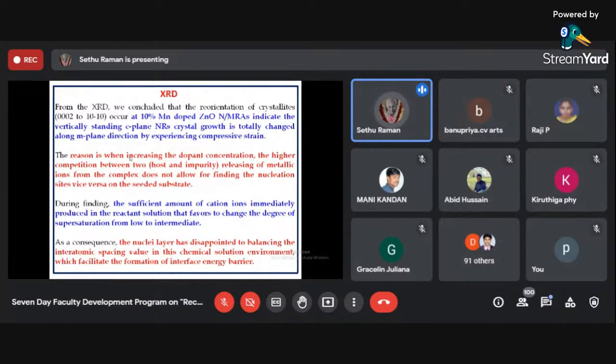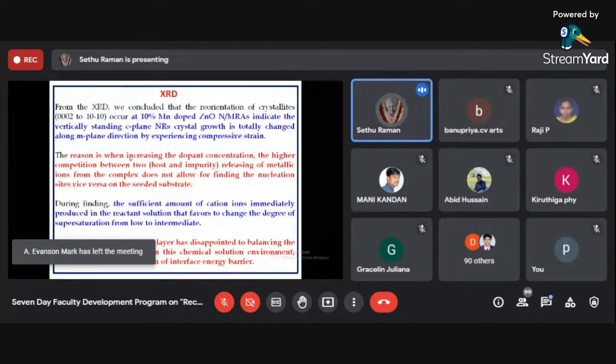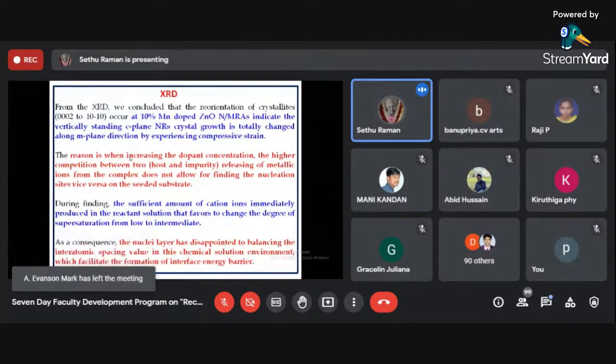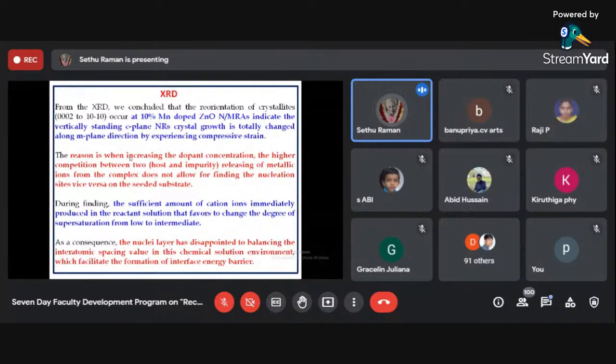As a consequence, the nuclear layer has difficulty balancing the interatomic spacing in this chemical solution environment, which facilitates the formation of an interfacial energy barrier for nanorod growth.